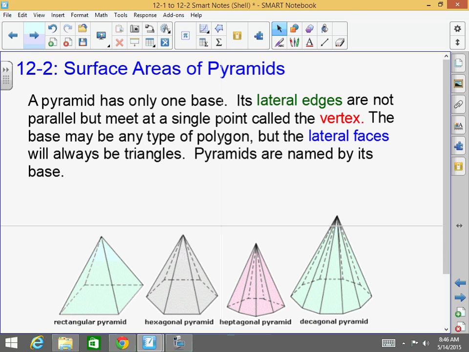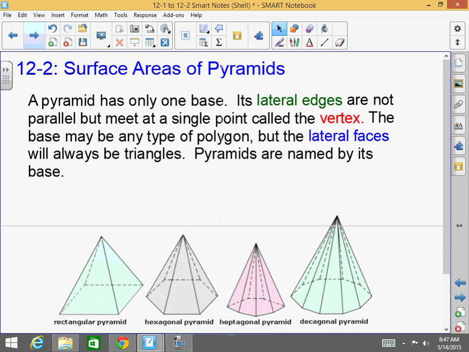A prism has 2 bases, parallel from each other and congruent. A pyramid sits on its base. It's a lot easier to recognize, in my opinion, because it only has one base upon which it sits. Kind of like the pyramids in Giza, in Egypt. They sit on one base.